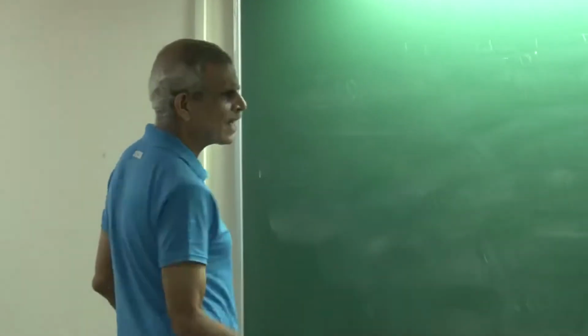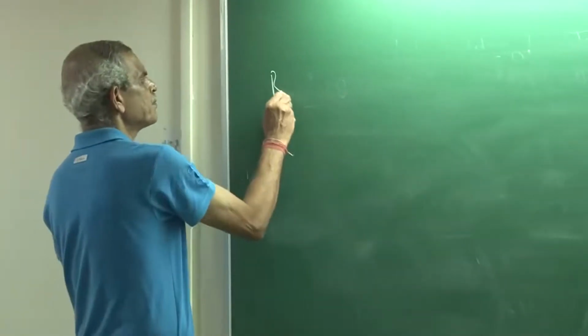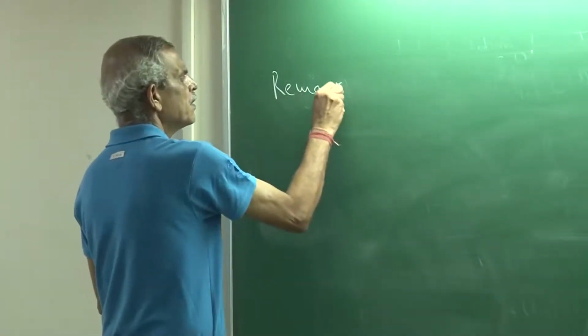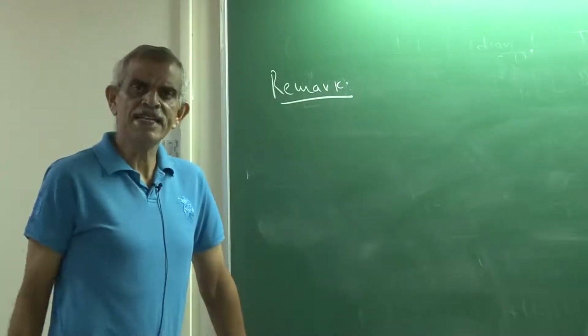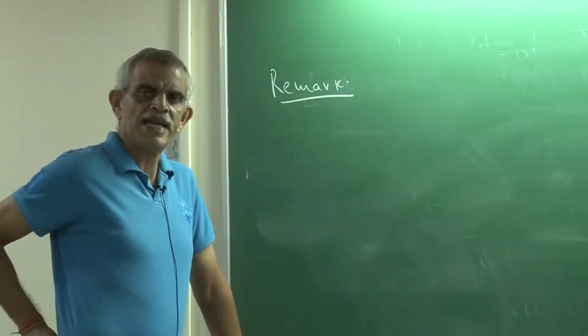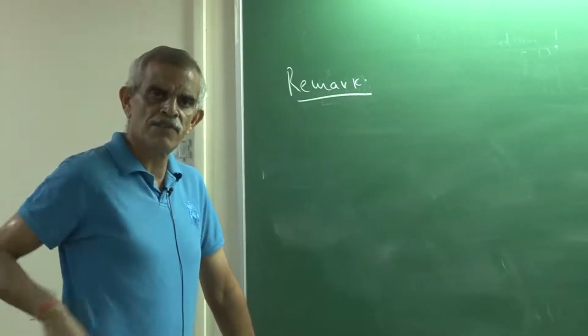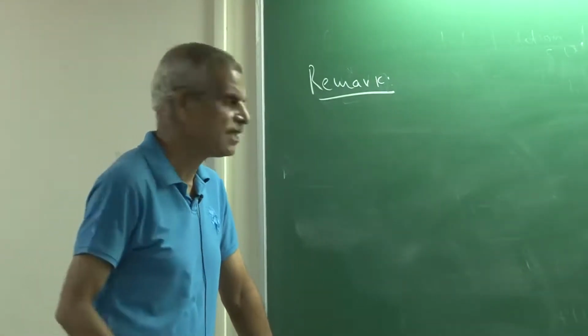So now one can show the converse part also. Given any convex set in R2, I can find a decision problem for which this convex set is a risk set.